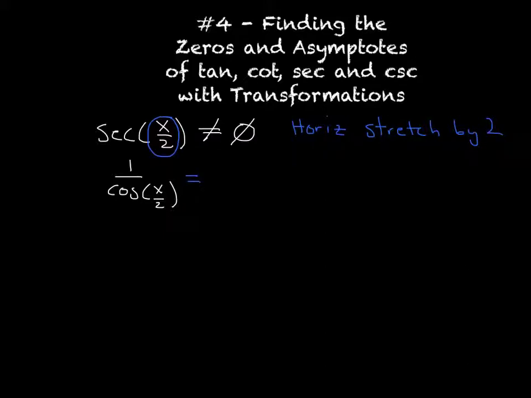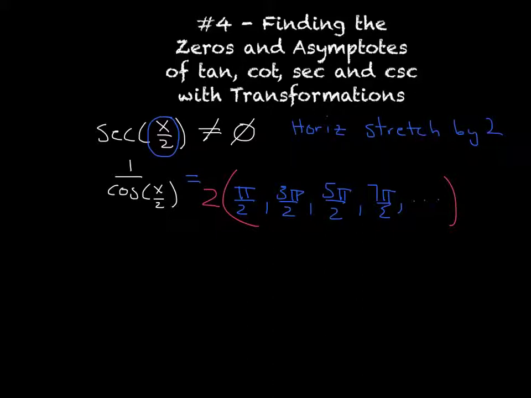You're going to take the normal places where the cosine is 0. So that's going to be what? Pi over 2, 3 pi over 2, 5 pi over 2, 7 pi over 2, and so on. And you're going to now multiply them by 2. Because you're stretching it, you're going to multiply by 2.